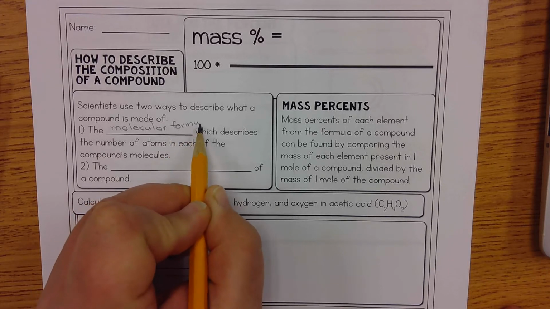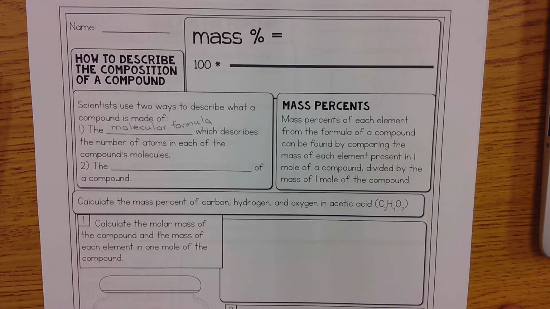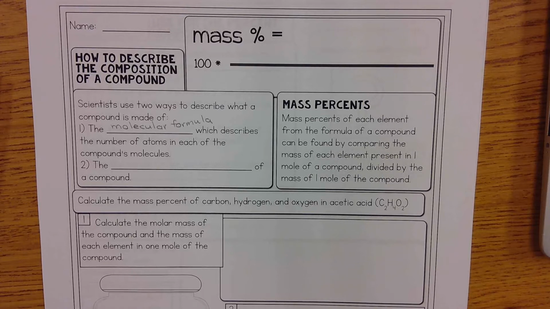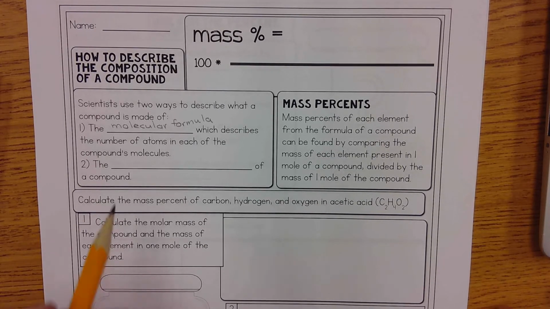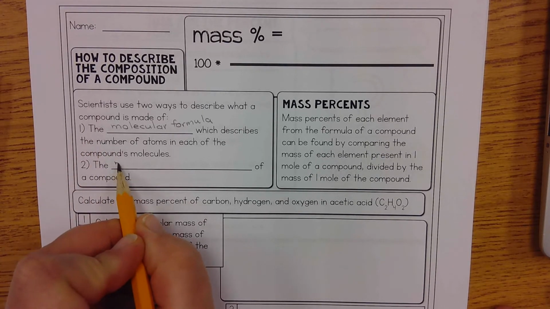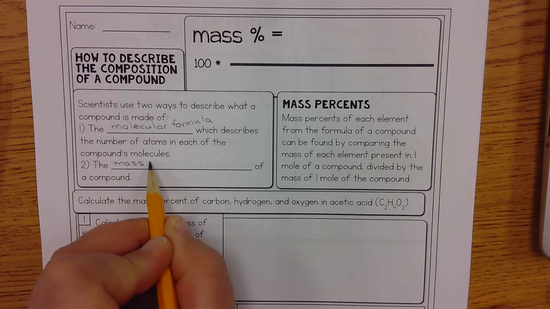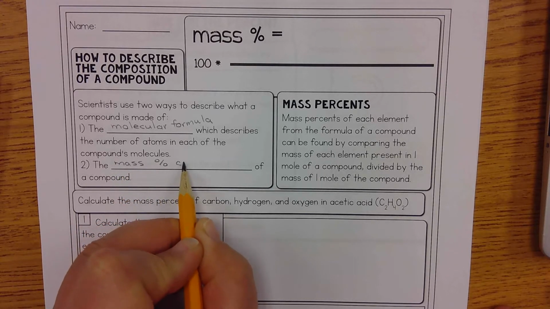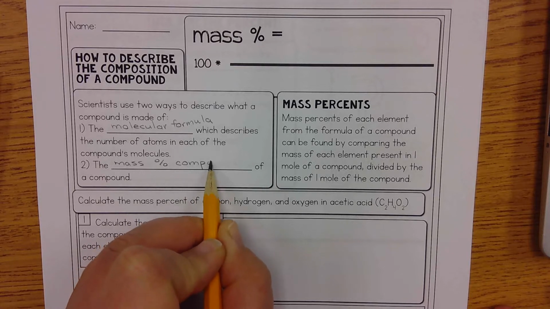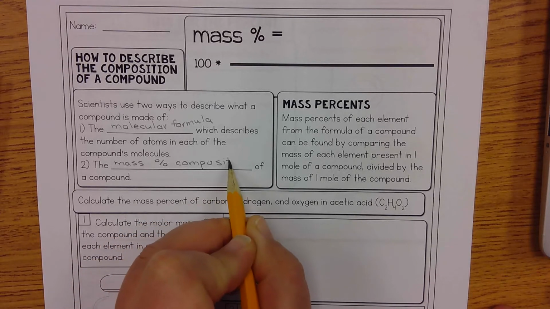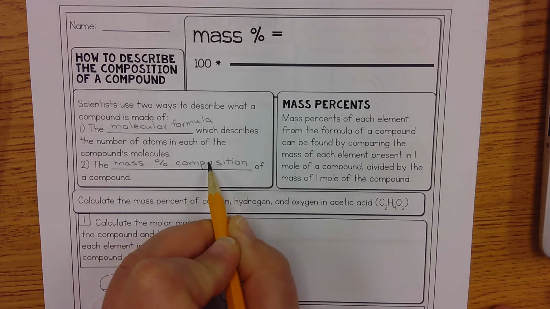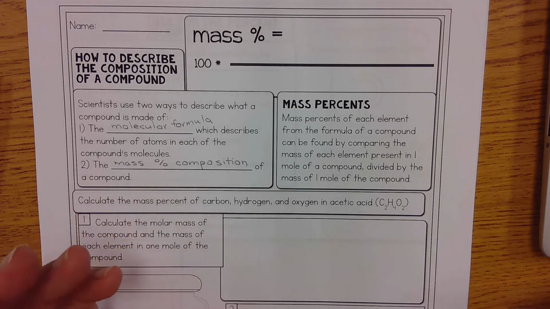Formula, like it says here, describes the number of atoms and which type they are, right? Or we can also do what is called the mass percent composition.